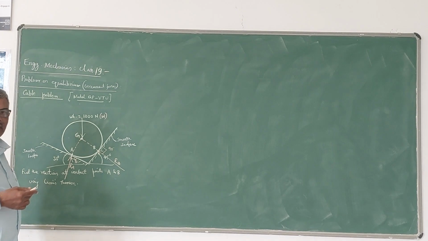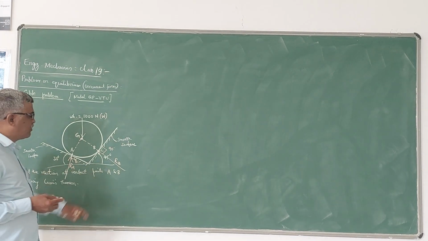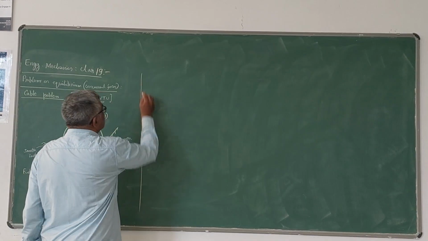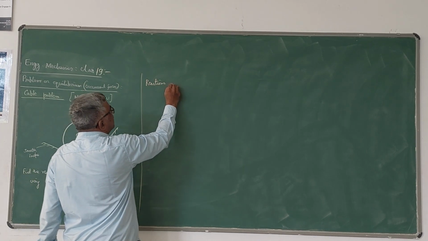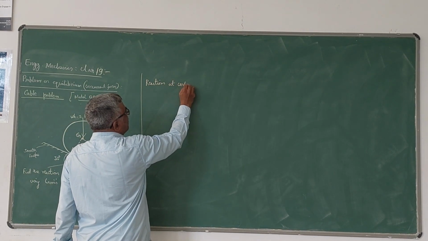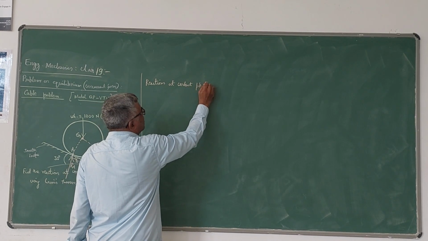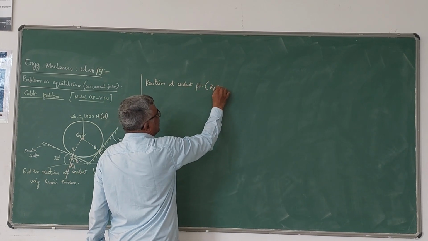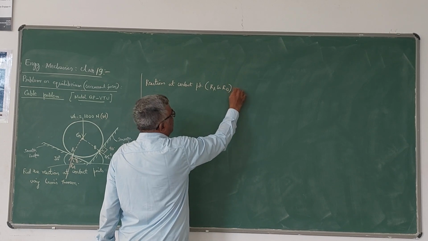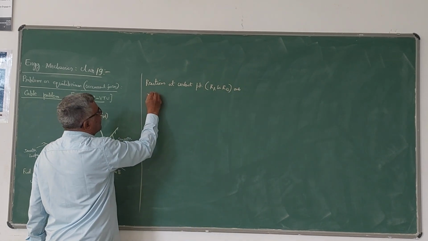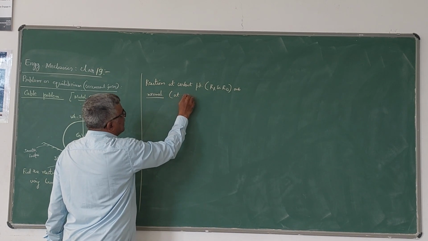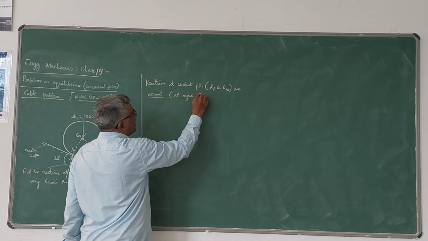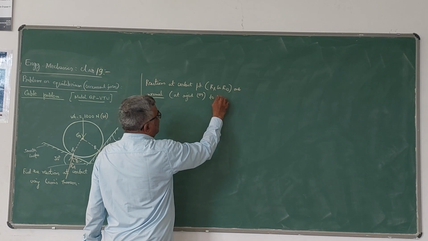So you can apply Lami's theorem. This is very important. Please note that the reactions at contact points, in this case two reactions, RA and RB, are normal, normal means at right angles, to the contact surface.